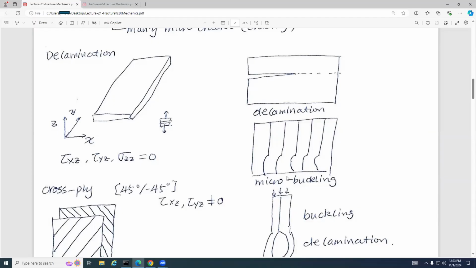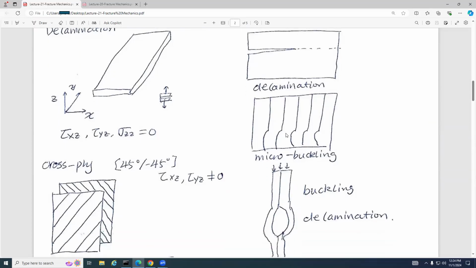This is called buckling. Microbuckling means that if you have compressive loading, the continuous fibers within the matrix material buckle. This is called microbuckling. You understand, guys? Microbuckling is talking about the buckling of the fibers.